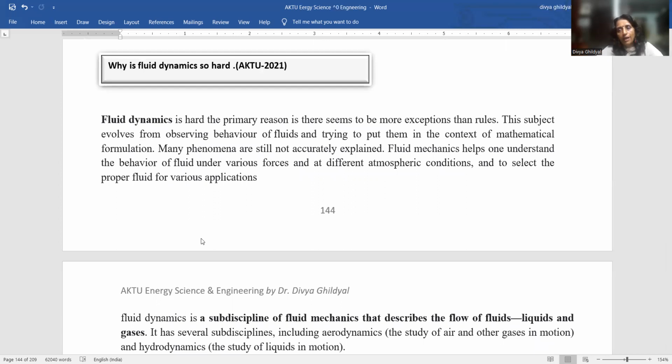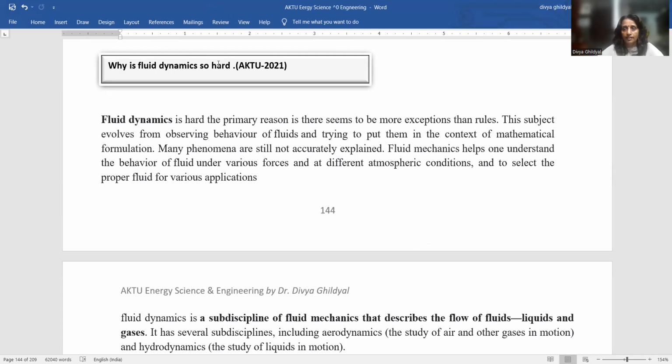A bit of mathematical and physics concepts are required in understanding how fluid can also be used for energy generation. But fluids are of many types. That is what the question is asking you.